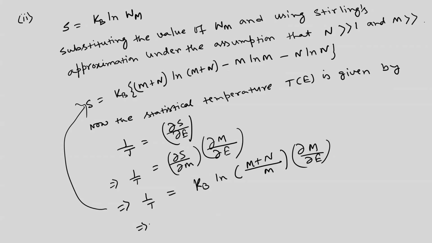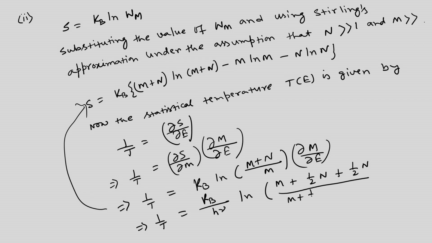Okay, so, we get 1 by T equals k_B by h nu ln (m plus half n) plus half n by (m plus half n) minus half n.